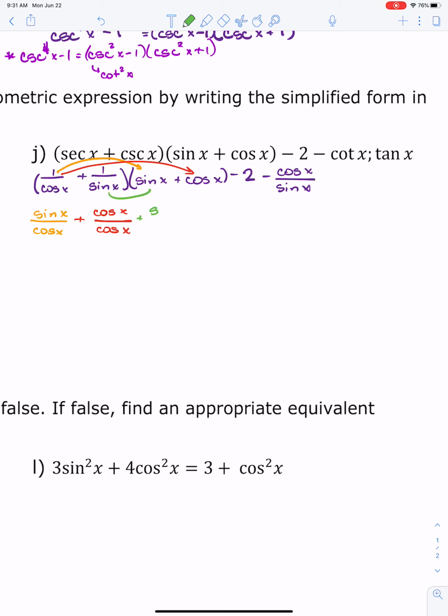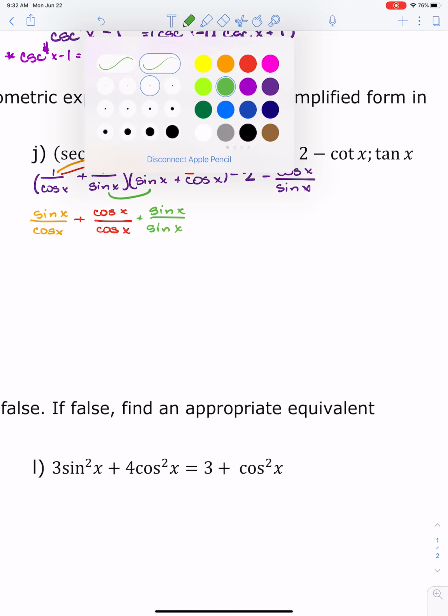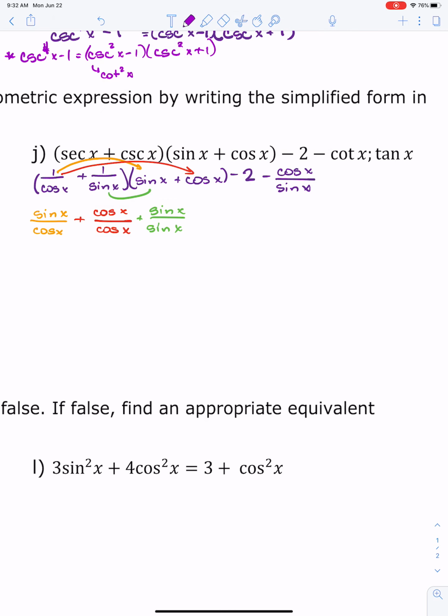I got sine x over sine x. So there's another 1. I get cosine x over sine x. And the colors help to make sure that I haven't forgotten anything that I needed to be multiplying. Minus cosine x over sine x.